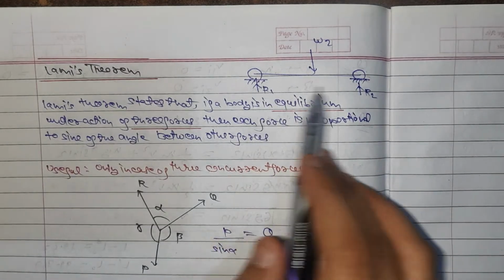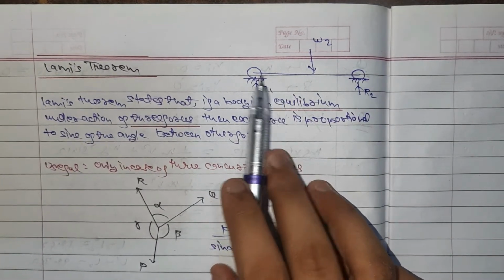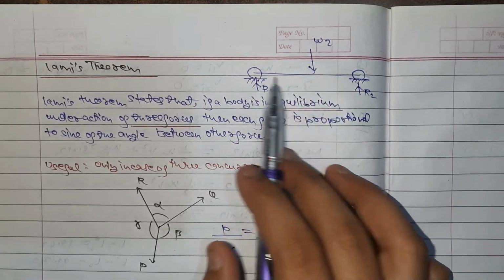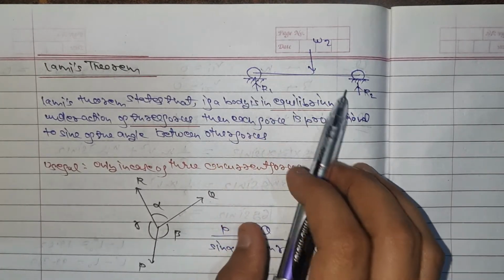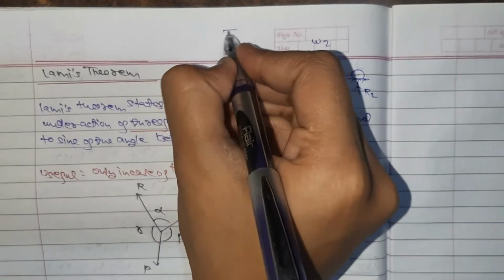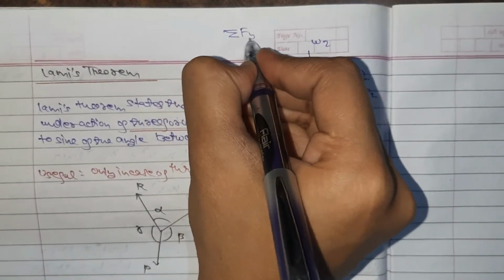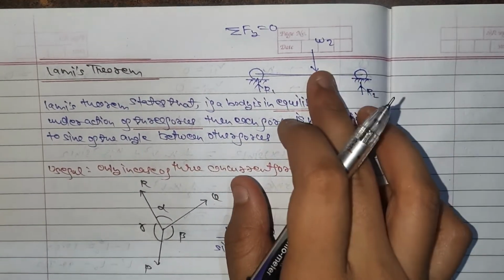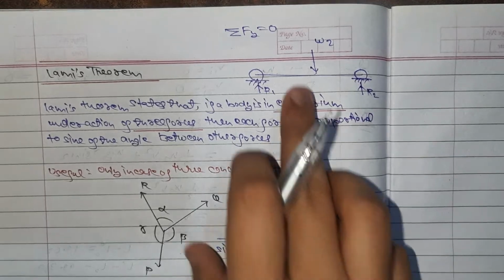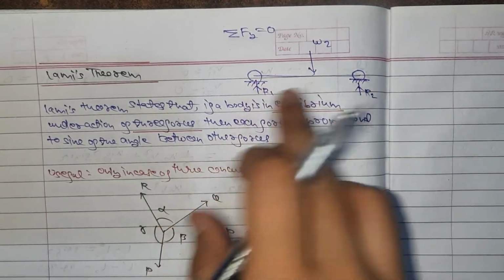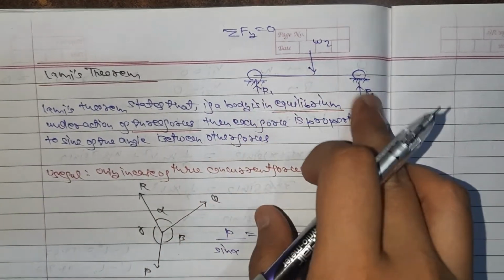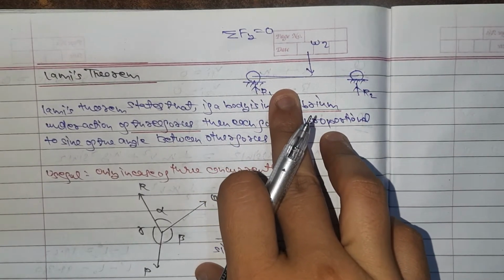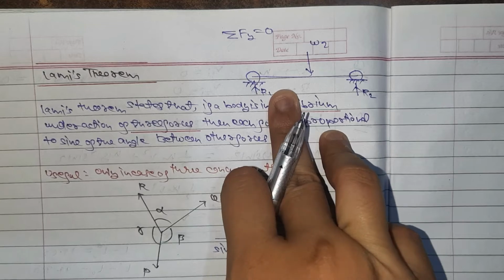If I want to apply the equilibrium condition in this case, I can easily apply it by using summation of Fy equals 0. I will get R1 plus R2 equals W, right? So basically I have a three force system, and they are also in equilibrium, but here we can't use Lamy's theorem exactly, right?